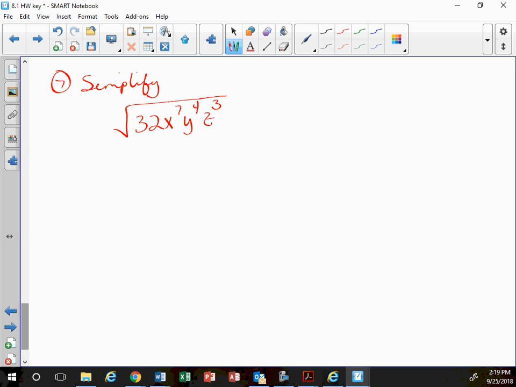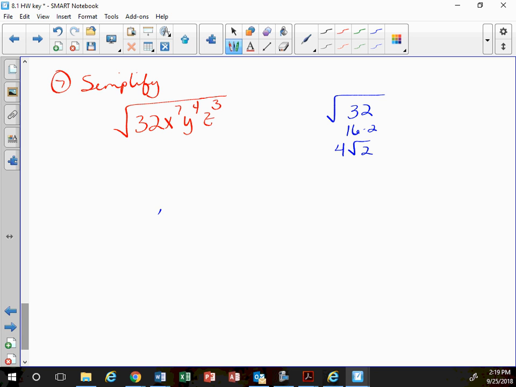I think 4 times 4 times 6. All right, so 32. Again, I think of that off to the side. I think 16 times 2. 4 root 2. We're okay with the coefficient part.